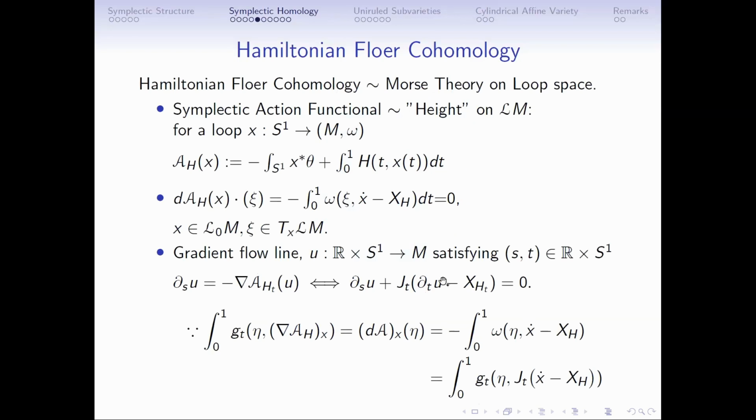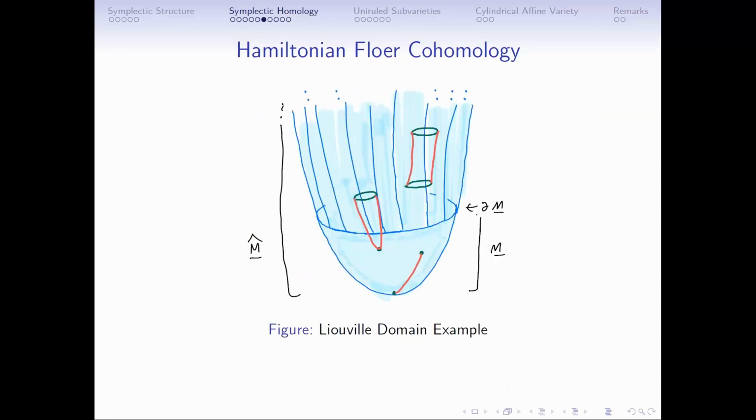Here, this part is a Cauchy-Riemann equation. And the gradient flow line is actually a solution of the Cauchy-Riemann equation, a little bit perturbed by the data of the Hamiltonian. And the picture, when you compute the calculus, is this.